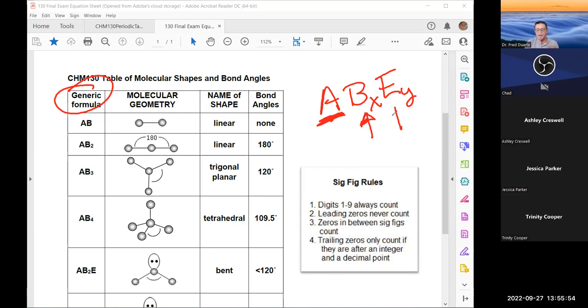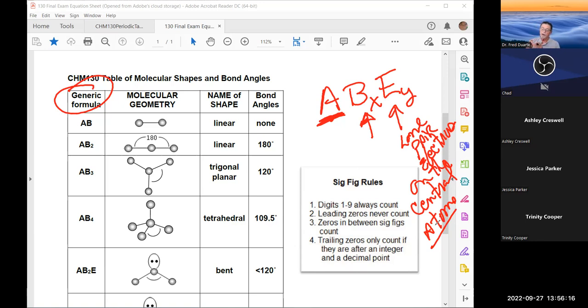And then E represents what we call the lone pair of electrons on the central atom. That's important. We're only talking about a lone pair on the central atom. You will find the other elements, B, will also have lone pairs, but we're not concerned about that. Only what's on the central atom.